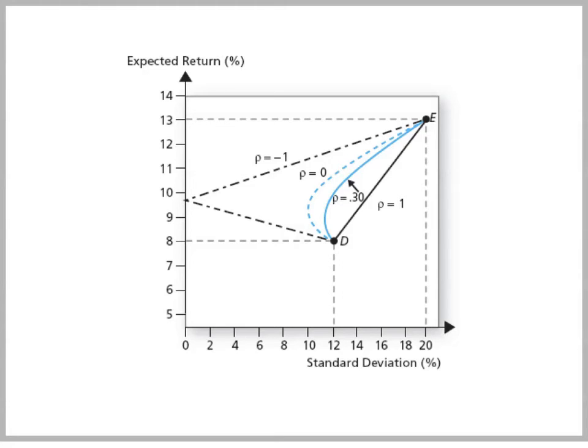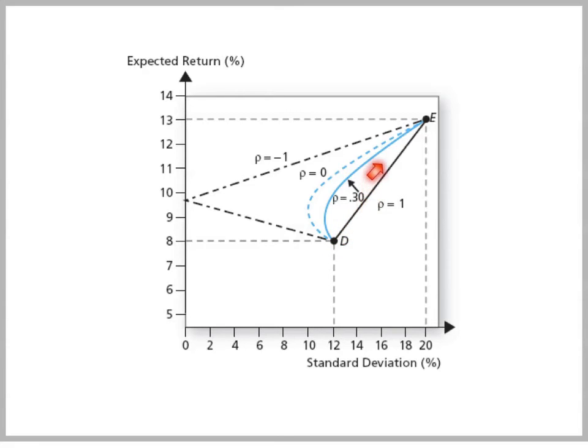And it turns out that the possible set of portfolios that you can choose when you vary omega, in the case of rho equals 1, is this straight line. Recall that in the case of rho equals 1, the expected return of your portfolio is the simple weighted average of the two expected returns, and the standard deviation is also the weighted average.